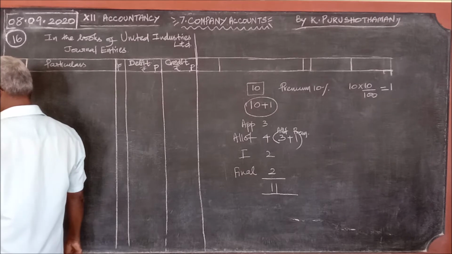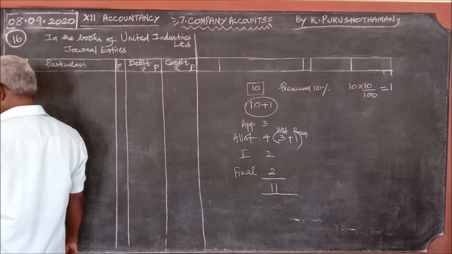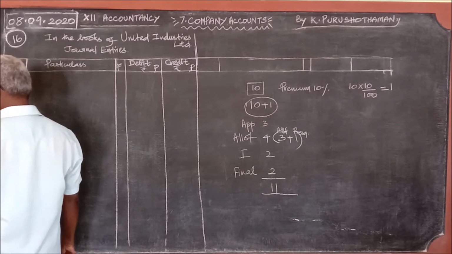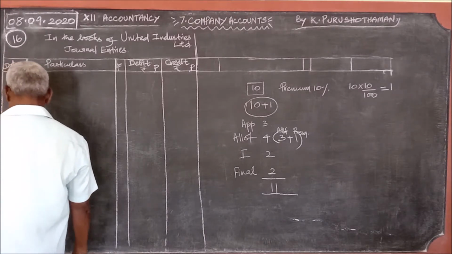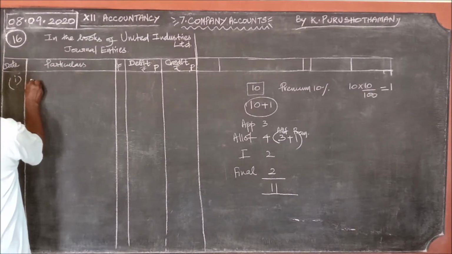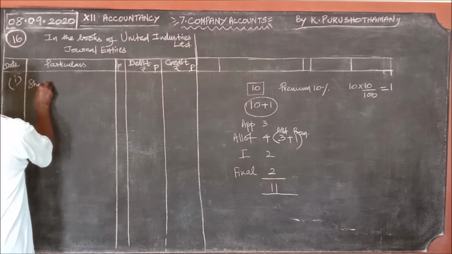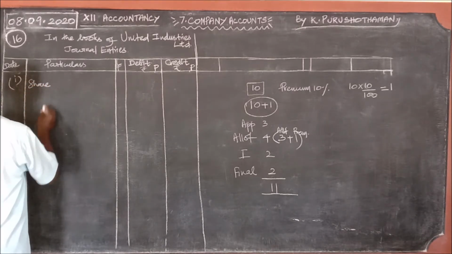Pass the journal entries for the details given. For the first case, 250 shares were forfeited. You already know the journal entry for forfeiture.